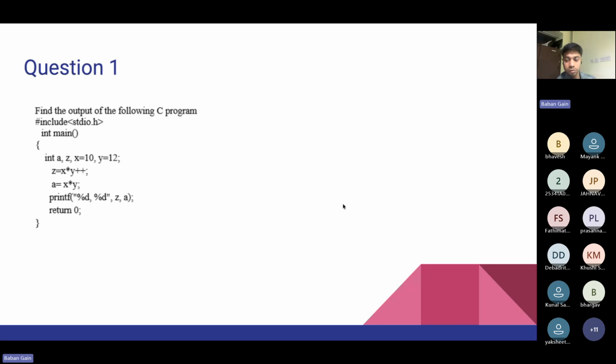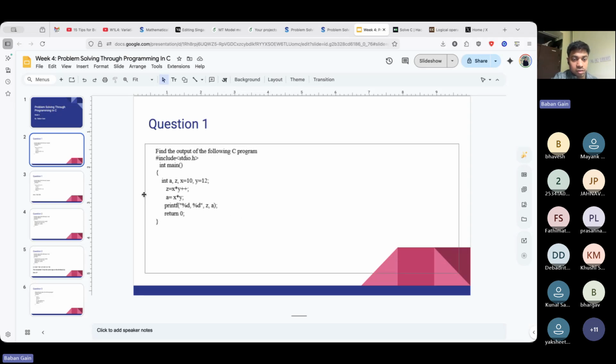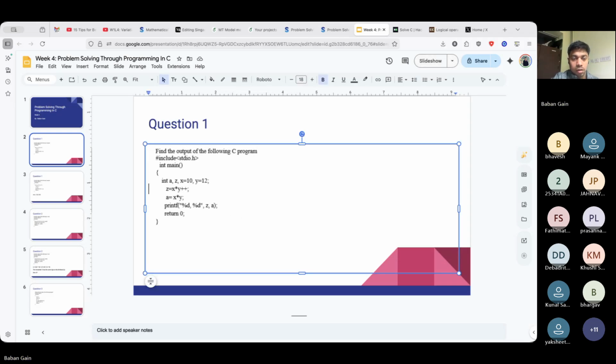Right. So actually, yeah, you're absolutely right here. So basically, what's happening here is that we have x as 10 in z equal to x into y plus plus. In the case of y plus plus, after we calculate the value, only then will it get incremented.